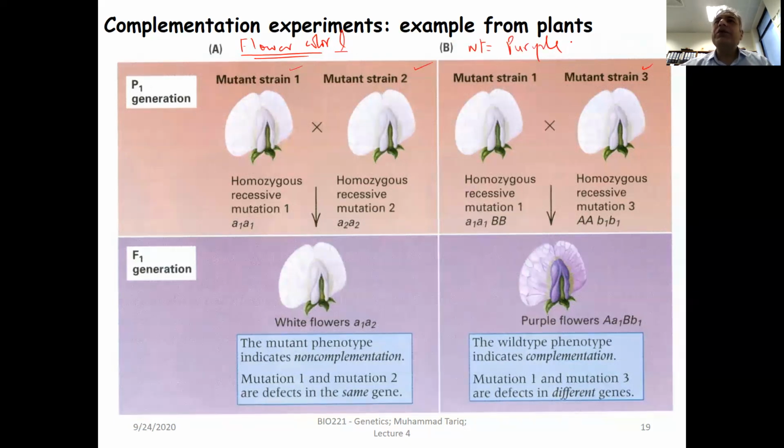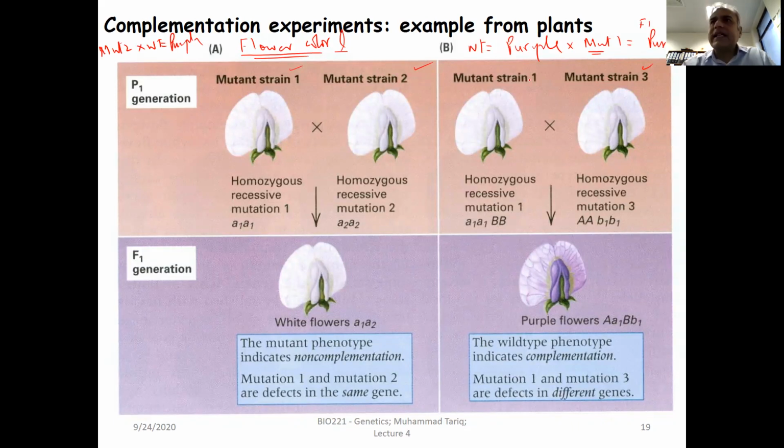You cross your mutant 1 with purple, you get purple F1. So what is mutant 1 phenotype? Recessive. Right, so recessive. You crossed mutant 2 with wild type, it's purple. You cross mutant 3, it's purple, etc.